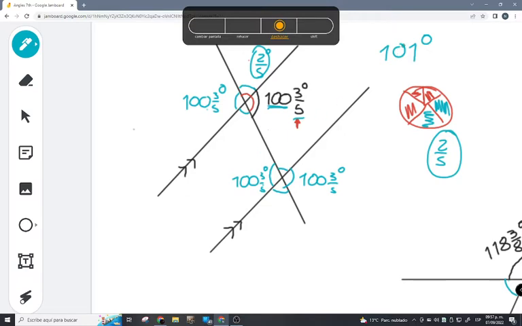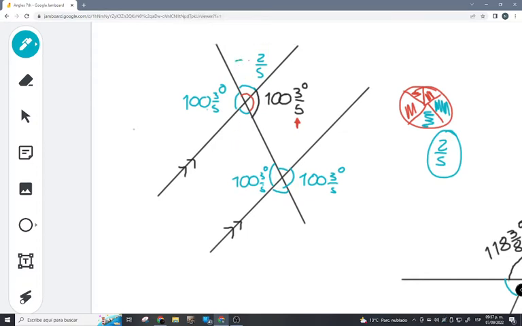Having 101, how much is left for completing 180? It's basically 79. So this angle is 79 and 2/5. Because look, 179, 2/5 and 3/5 is another unit, so that's the missing unit that we needed for the 180.